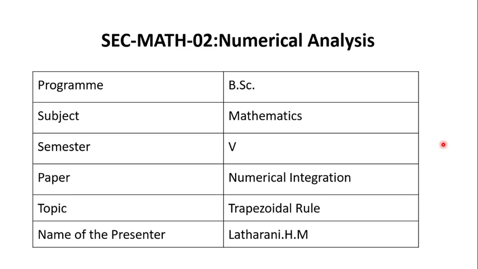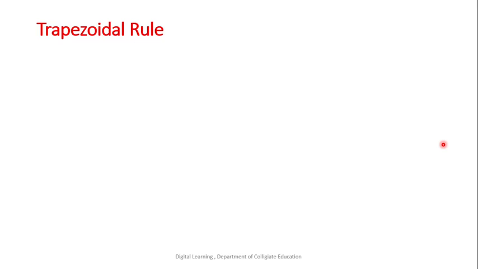By using this quadrature formula, we derive the four rules: trapezoidal rule, Simpson 1/3 rule, Simpson 3/8 rule, and also Weddle's rule. But today in this session we derive the trapezoidal rule and work some problems on it.